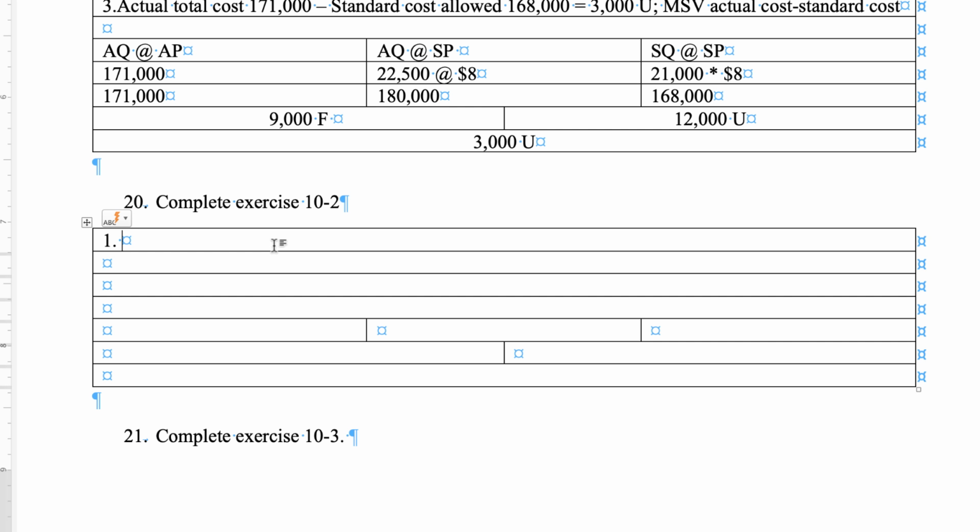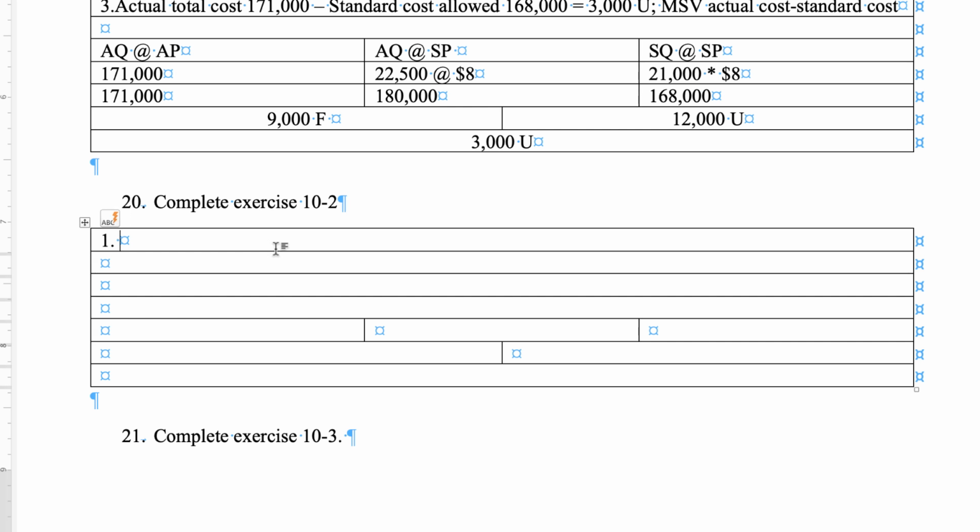They broke it down for us and said, hey, actually we ended up paying them $20 an hour. Should have been $19.75 an hour. So right off the bat, we know we're going to be unfavorable 25 cents times some quantity, right? We know that. The efficiency variance, well, we can't tell that. We really can't tell anything out yet without multiplying some numbers, right?